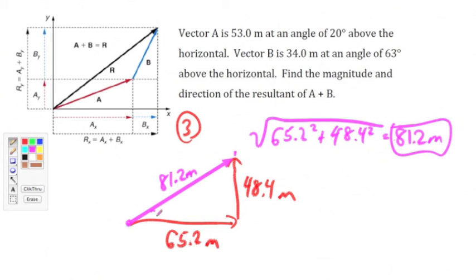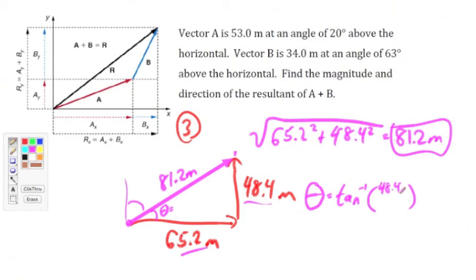But remember, we also need a direction to go with it. At what angle? If you draw a little diagram of this, then that will be enough information, even if you calculate a different angle, and anybody who's looking at it will be able to tell what you're talking about. The inverse tangent for this is going to be opposite over adjacent.